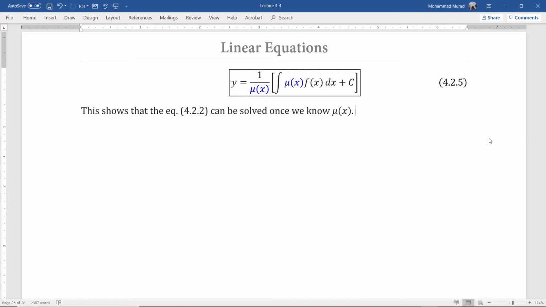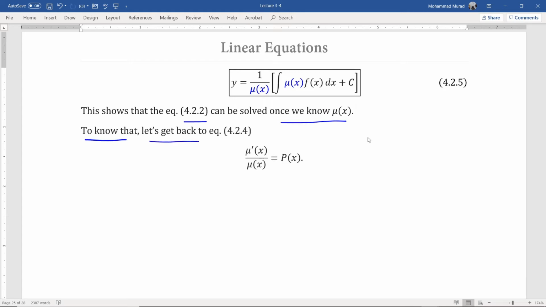This shows that the equation 4.2.2 can be solved once we know the quantity mu of x. To know that, let's get back to the equation 4.2.4, which can be written in this form.